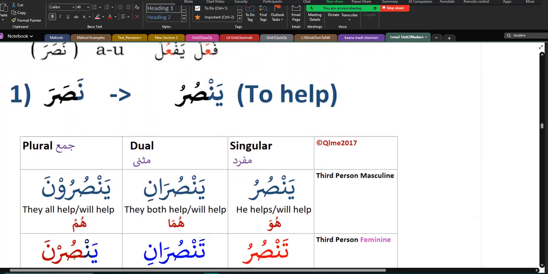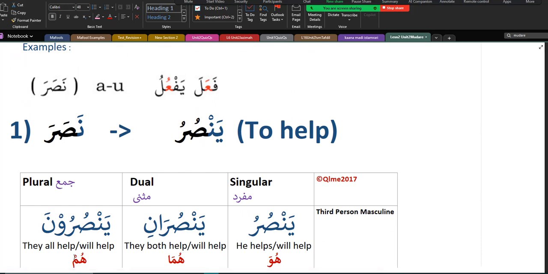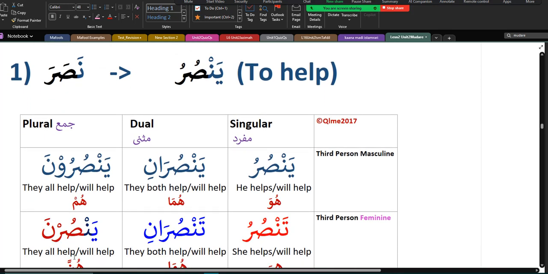MashaAllah, very good. What is the meaning of yansurna? They all female will help. Okay, I'm asking about yansurna. They all female will help.